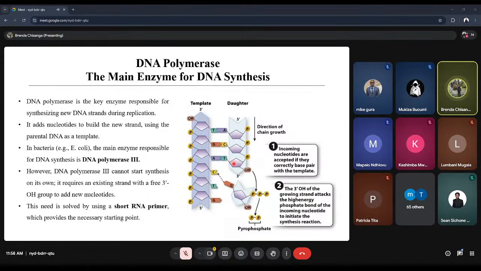I'm going to repeat: this is a short region of RNA. It is not DNA. It is RNA in nature. And it makes sense because we know RNA can complement a base pair with DNA, isn't it? So synthesizing a short primer in the nature of RNA, which can complement a base pair, will still help this enzyme to attach or bind.